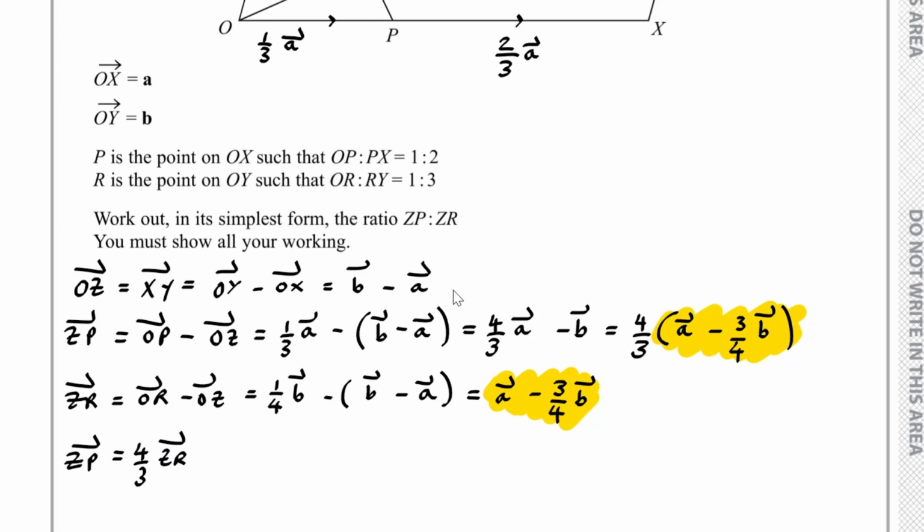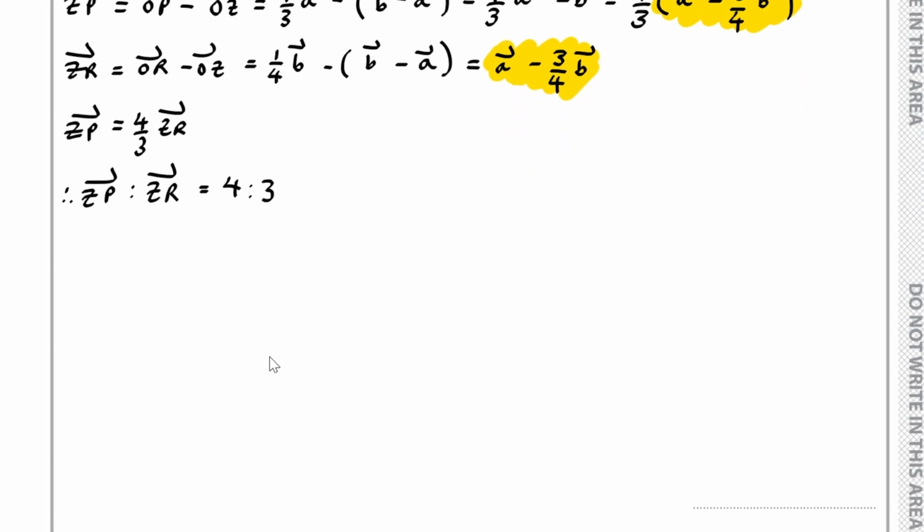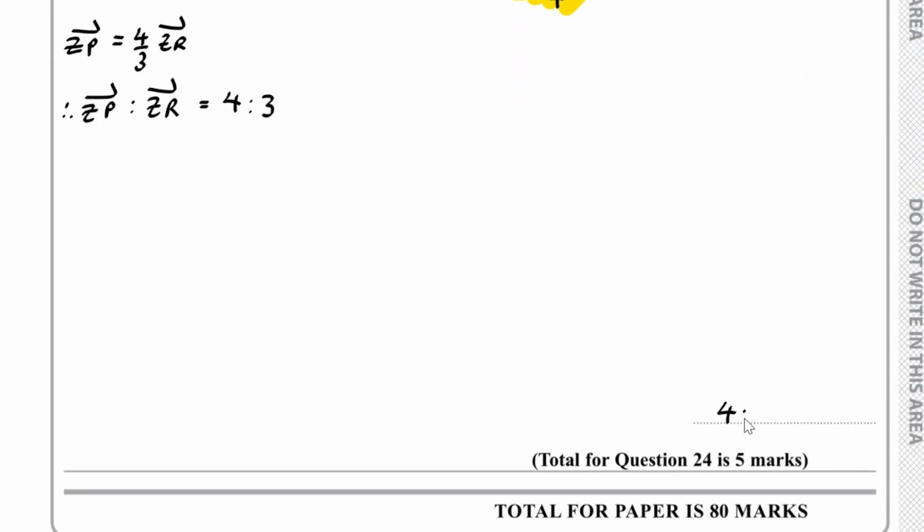So when we come to find the ratio of ZP to ZR, you can see here ZP to ZR is going to equal 4:3. Okay, so here we have 4:3.